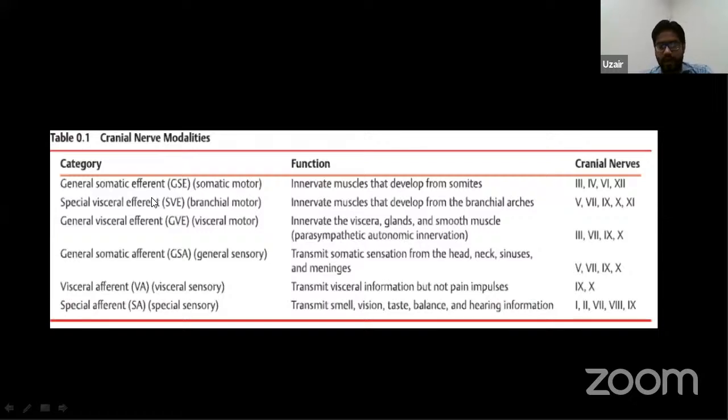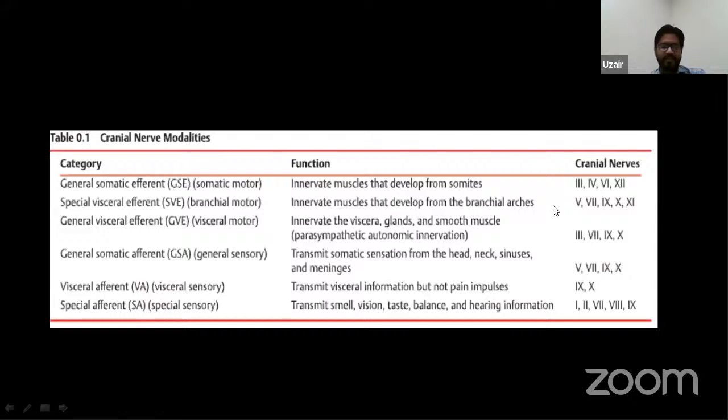This includes extraocular muscles and some muscles of the tongue, the intrinsic and extrinsic muscles of the tongue. We can say that the general somatic efferent is the somatic motor outflow that innervates muscles that develop from the somites. Then we have the muscles that originate from the branchial arches.